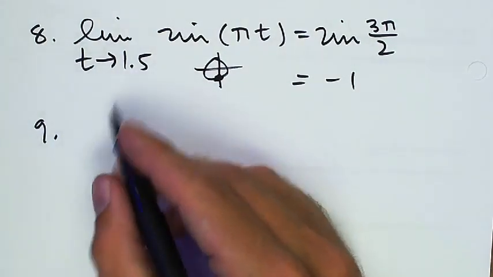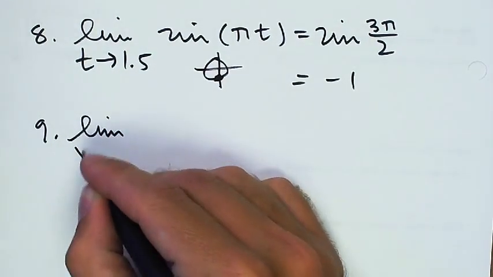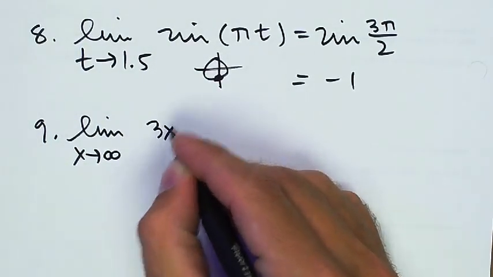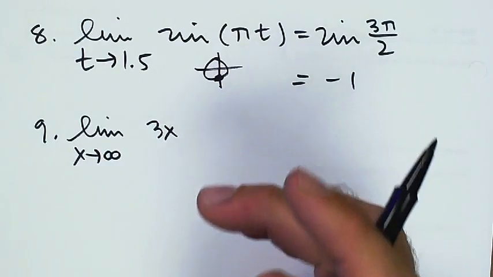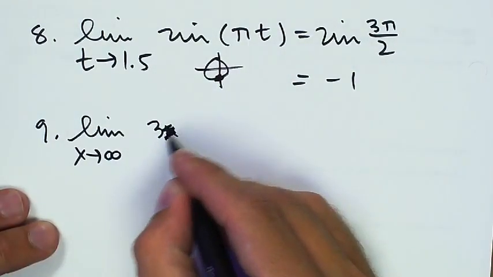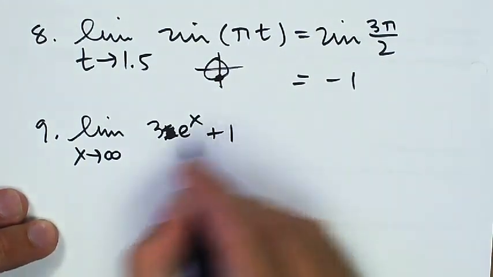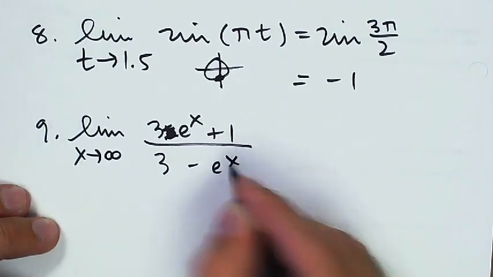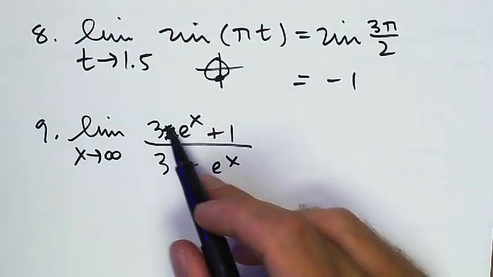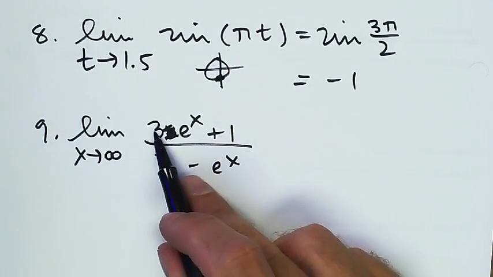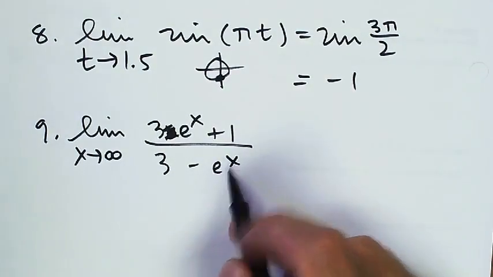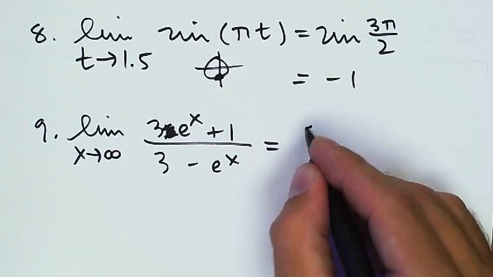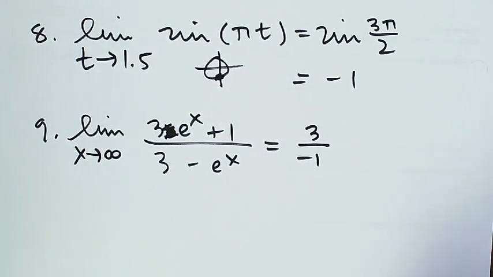Number 9. The limit as x goes to infinity of 3e to the x plus 1 over 3 minus e to the x. As x goes to infinity, I'm looking for the biggest thing, and that's going to be 3e to the x and -e to the x. Essentially the same, I'm going to divide the leading coefficients. So that's 3 divided by -1.